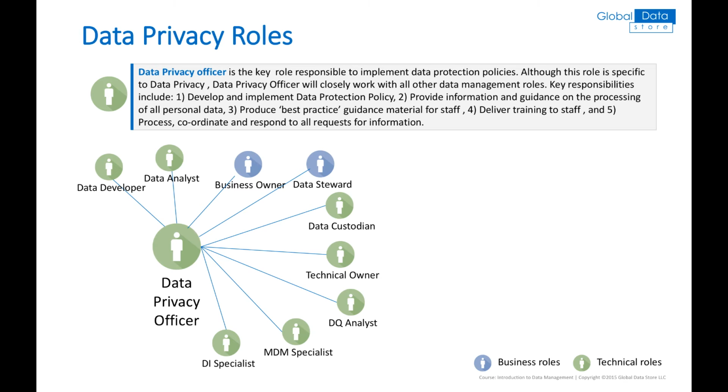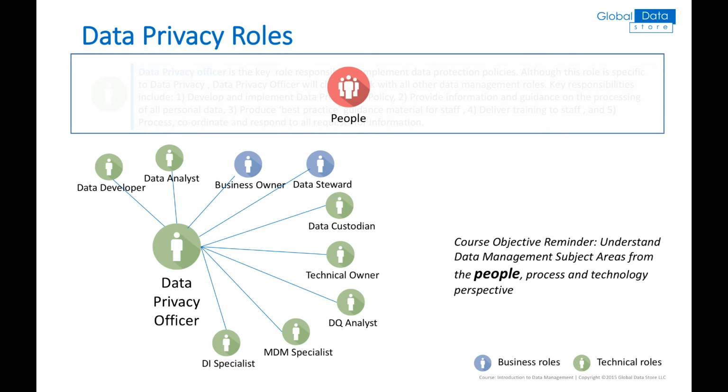Produce best practice guidance material for staff. 4. Deliver training to staff. And 5. Process, coordinate and respond to all requests for information. In reference to course objectives, this slide covers people aspect of data privacy capability.